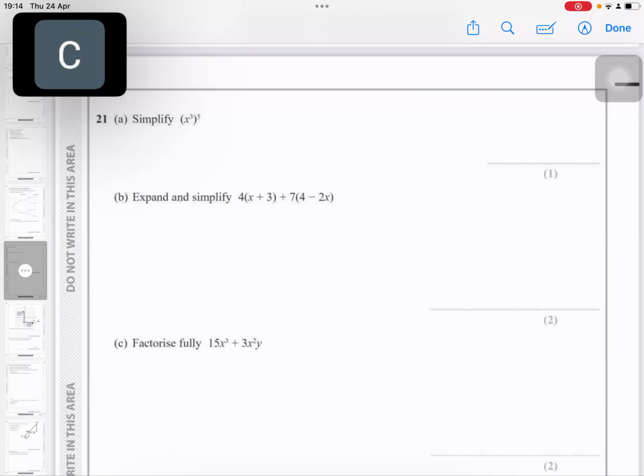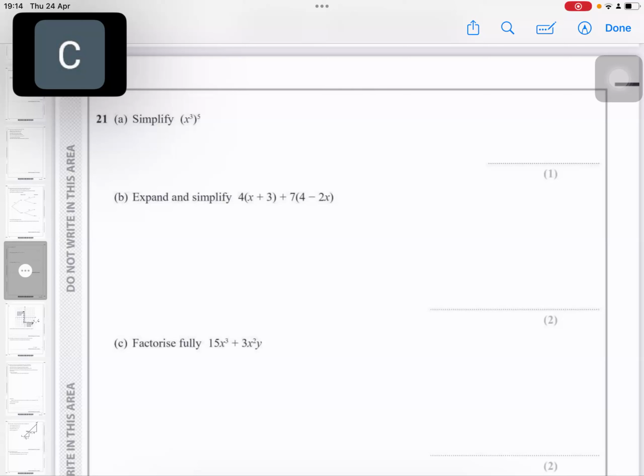x cubed, plus 3x squared y. Okay, we're factorizing. So we said 3 is common, so you put 3 outside the bracket.